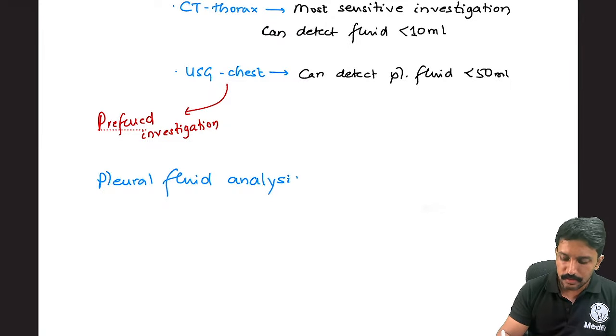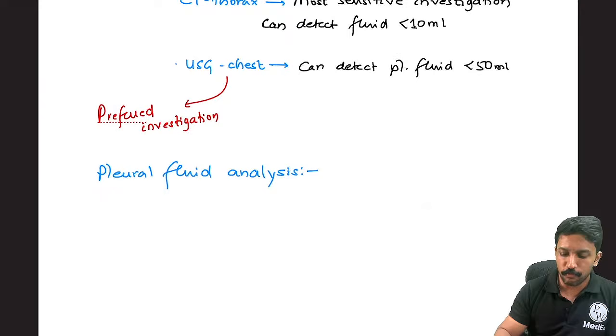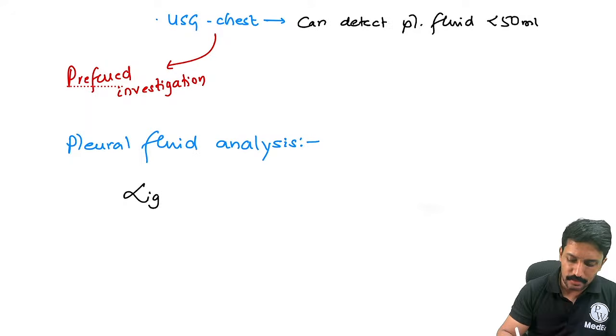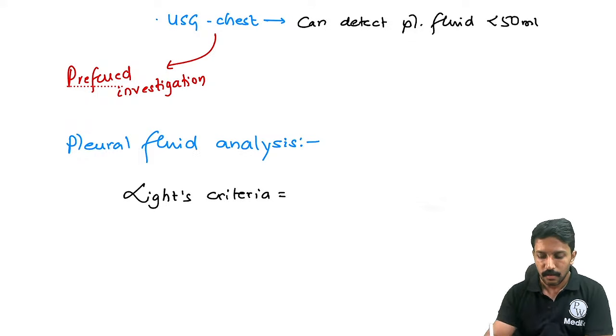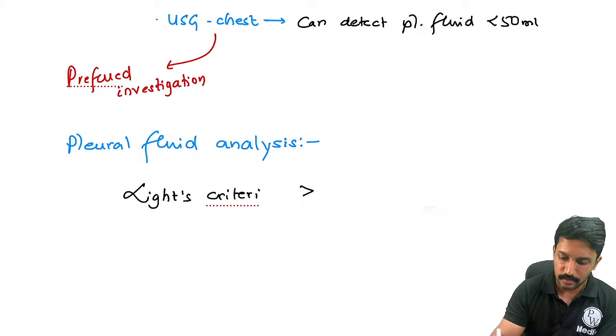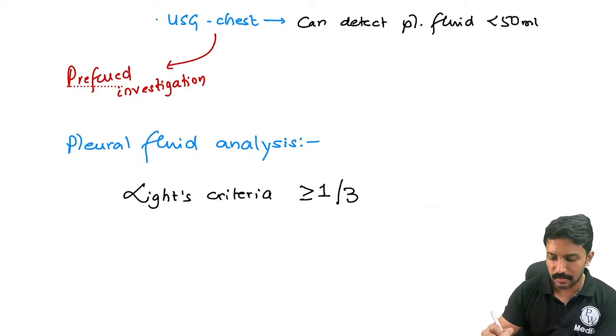To decide whether it is exudative or transudative, we follow a criteria called Light's criteria. According to Light's criteria, there are three parameters. If one or more of the three listed criteria are met in a patient, it is exudative effusion.